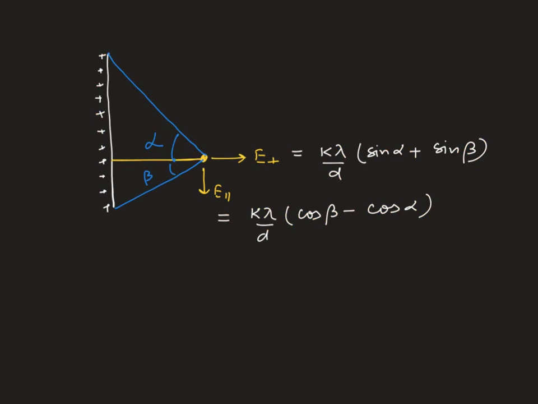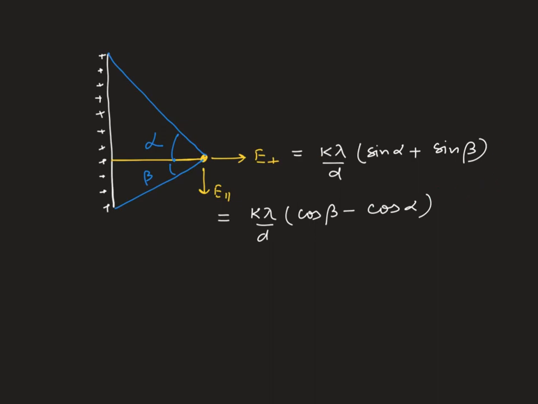So this was the result that we were looking for. The field due to a line charge will have two parts: this will be the component perpendicular to the line, and this will be the component parallel to the line.